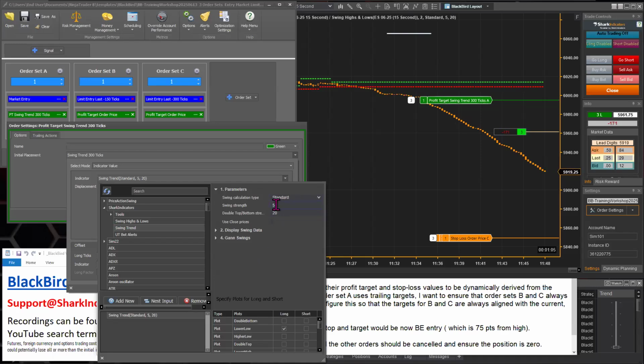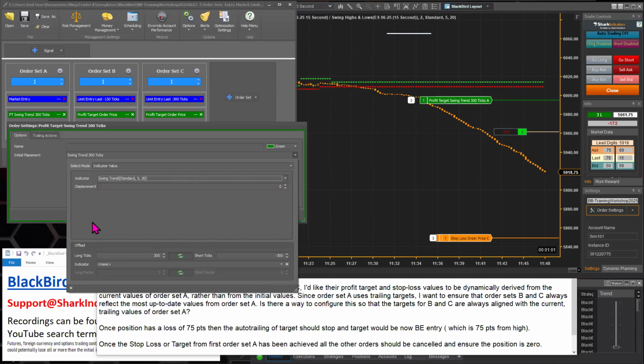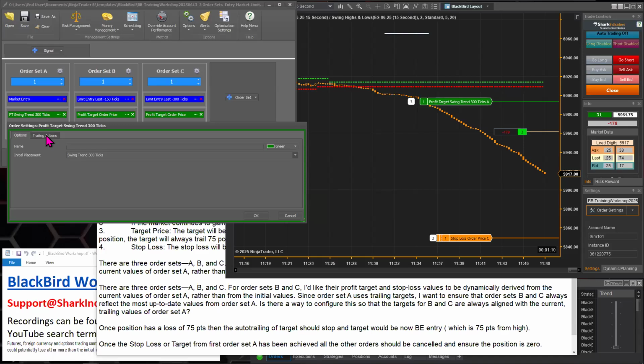So that's subject to adjustments. That's the initial entry. And the next is the trailing for the profit target. There's no trigger, so that trailing kicks in immediately.